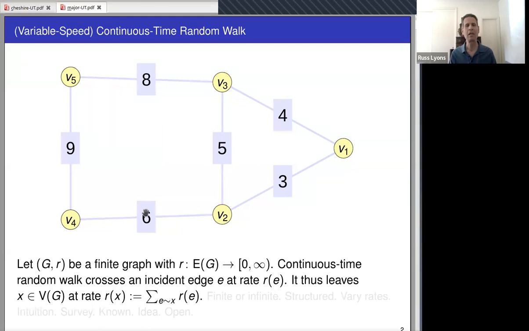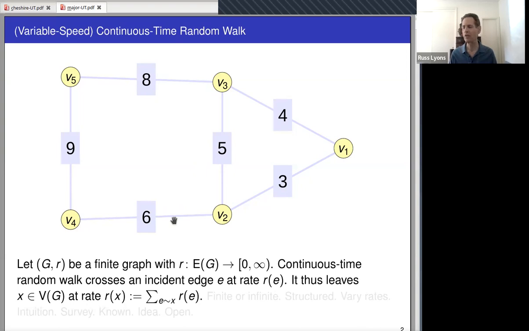What does that mean? It means that there is an exponential random variable, or if you want, a Poisson process. And when the Poisson process rings, in other words, when the exponential variable's time is up, the first one to ring is the one that it crosses. So that means it leaves at the minimum of these 3 exponential random variables.